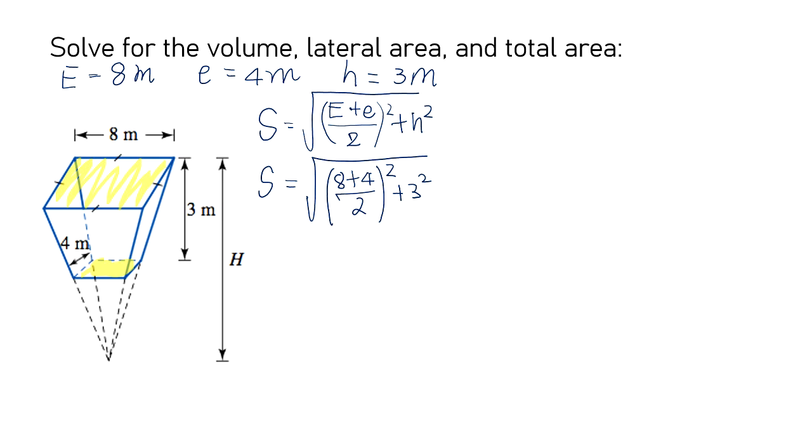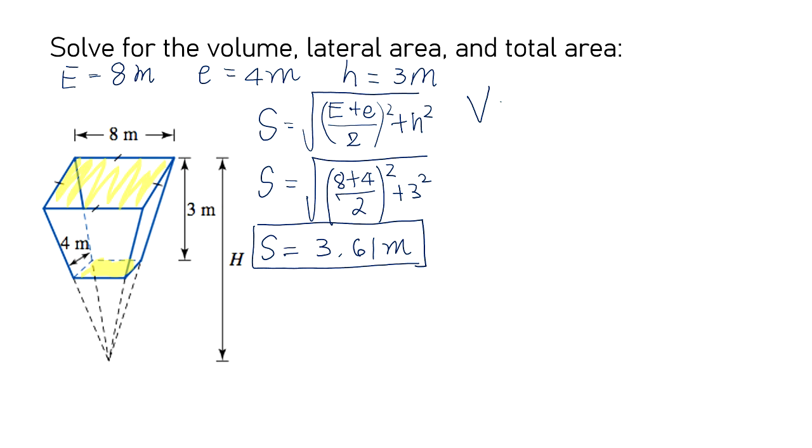You may further simplify this, but if you use your calculator, you get the value 3.61 meters, when rounded off to 2 decimal places. So now we have the measure of our slant height. We can now solve for the volume, lateral area, and total area.